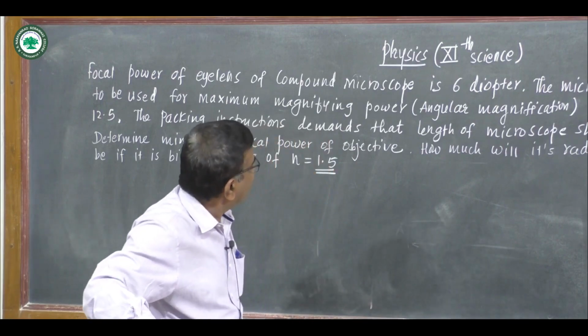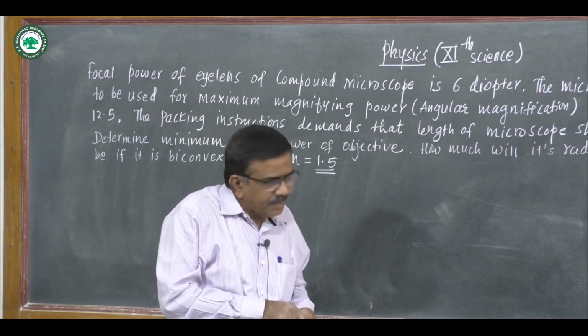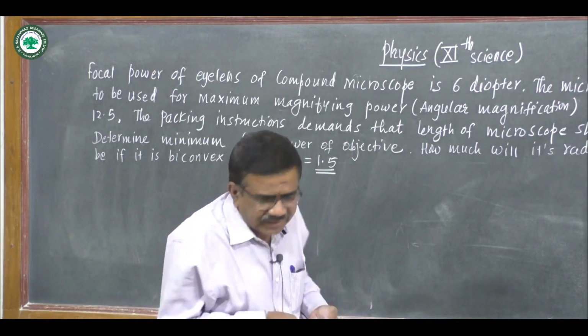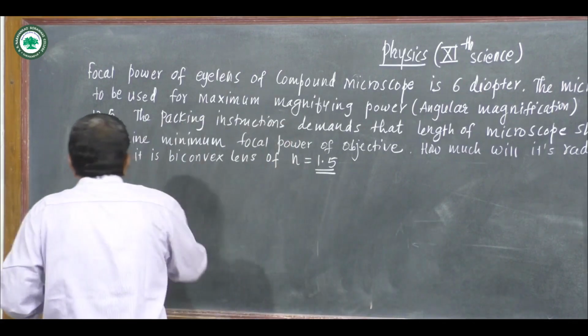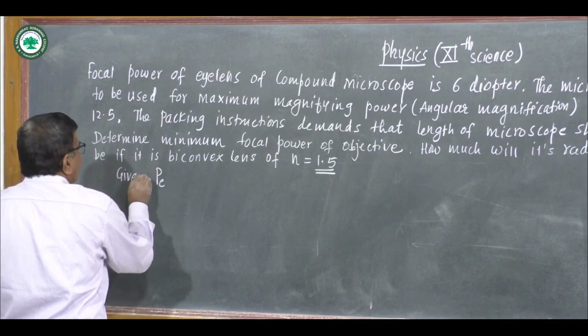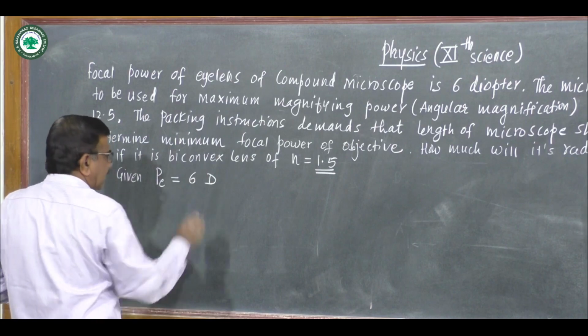So this is the numerical based on the compound microscope. It is given that length of the microscope is 25 centimeter, and power of the eyepiece is 6 diopter.